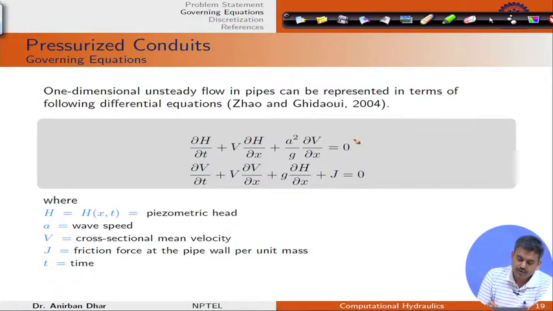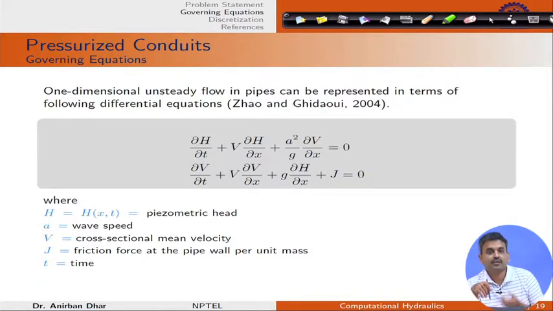So, A is wave speed, H is piezometric head, V is cross sectional mean velocity, and J is friction force at the pipe wall per unit mass, T is time, G is acceleration due to gravity. So, in this case we need to discretize this equation. This is in non-conservative form.